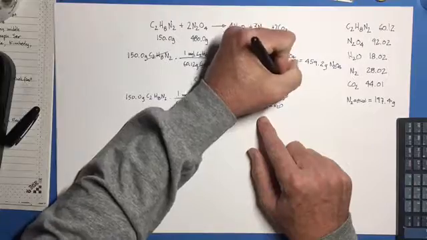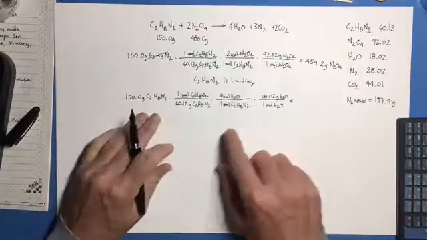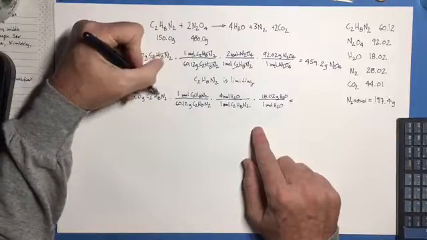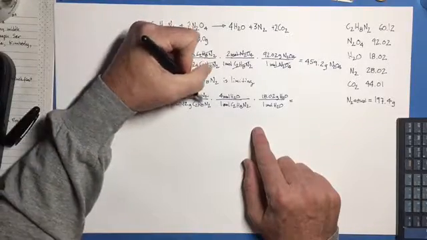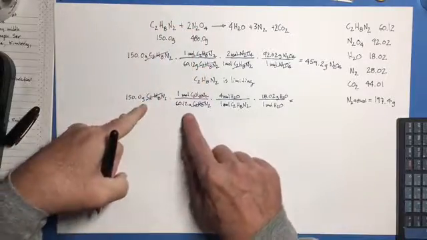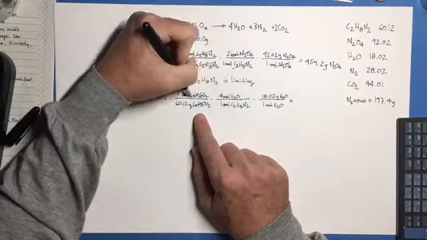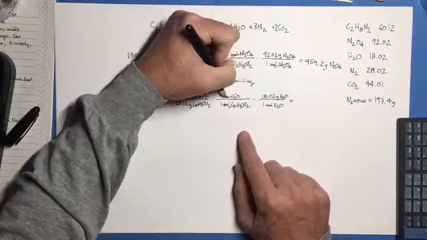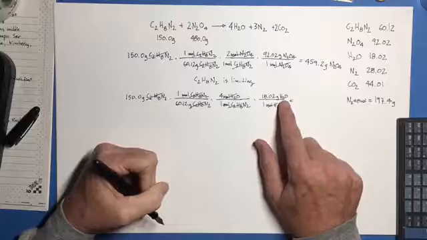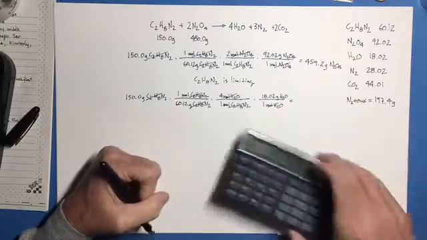grams H2O. So before I do the calculation, let me just double check to make sure my units are right, because if my units are right, then almost certainly my answer will be right. So grams cancel with grams, moles of C2H8N2 cancel with moles, moles of water cancel with moles of water. My only unit left is grams H2O, so it looks like I'm good to go.